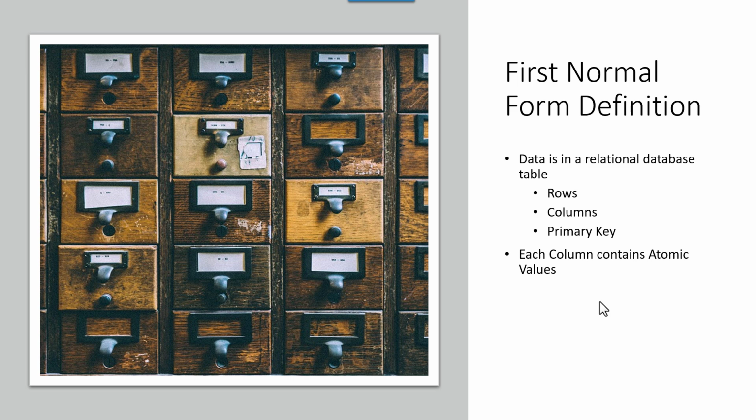And then again, we're not trying to overstuff values into the columns, meaning, like separate multiple values with commas. Each value within a column is a singular value. It's atomic. So with that, that wraps up our lesson on first normal form, and I'll see you in the next one.